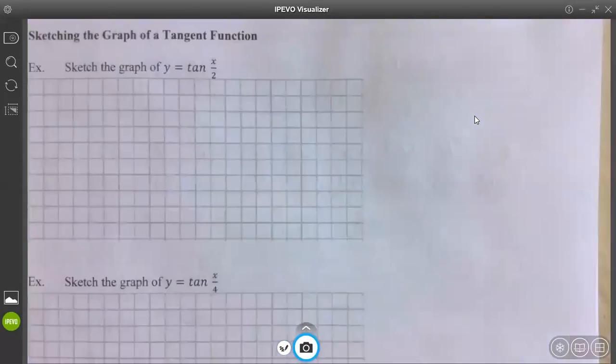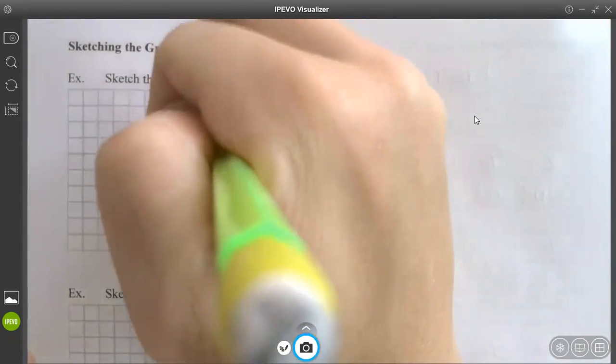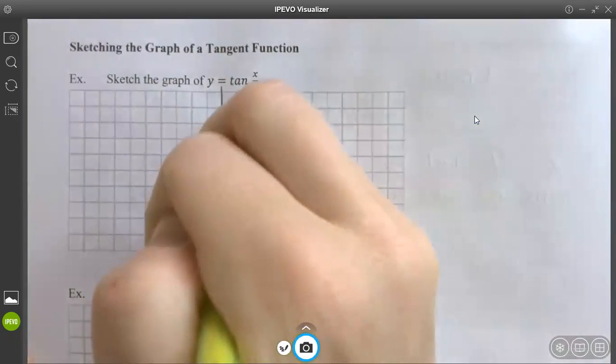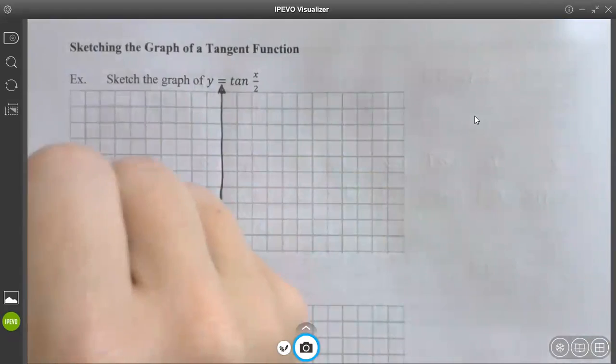All right, same thing as Thursday. Just draw your lines where I draw mine. Your y-axis is going to point at the equal mark. Your x-axis is halfway.